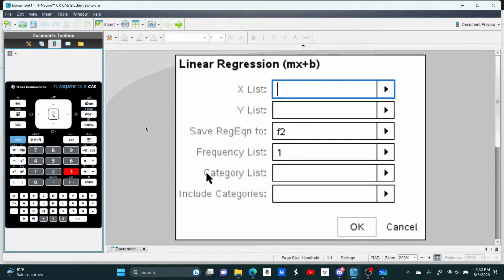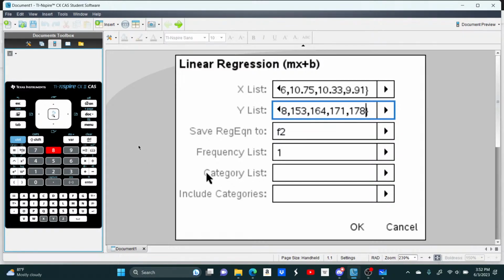Whenever you do this, at the end it'll give you the regression information. My first list is all of our times. My second list is all of the scores: 139, 148, 153, 164, 71, 78.